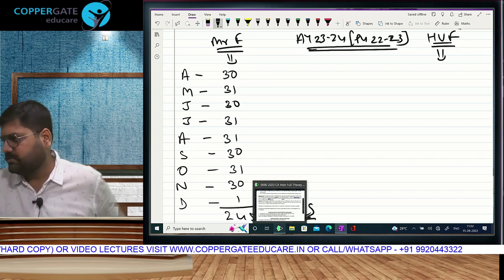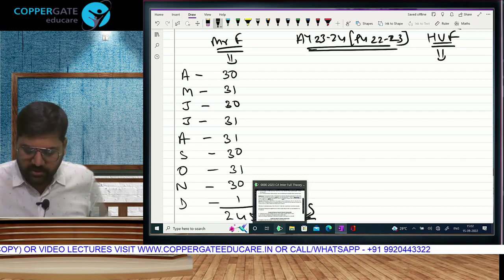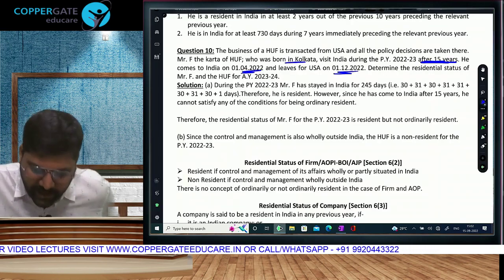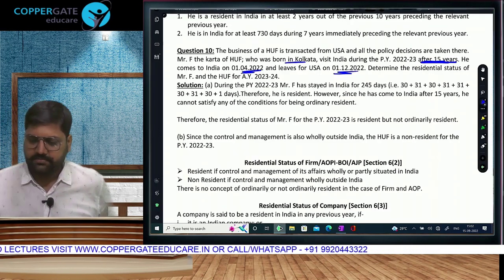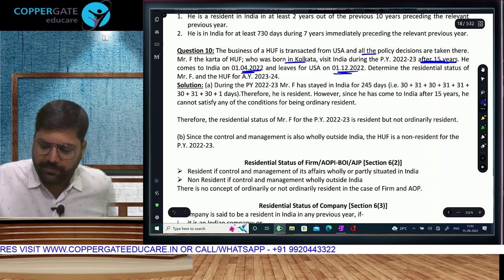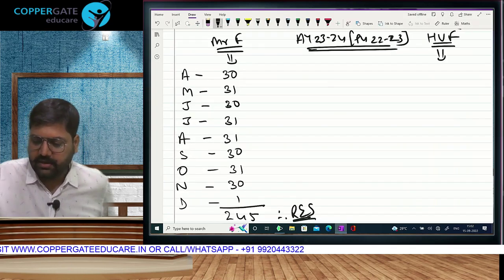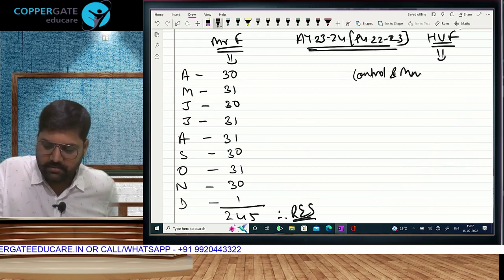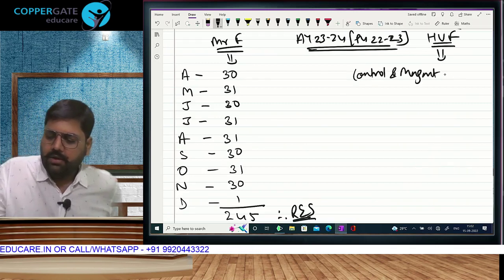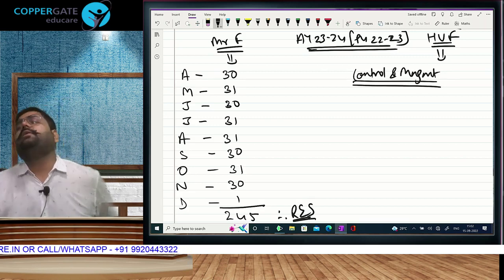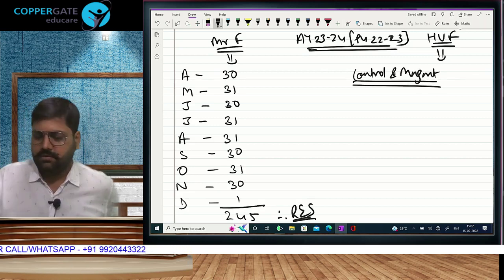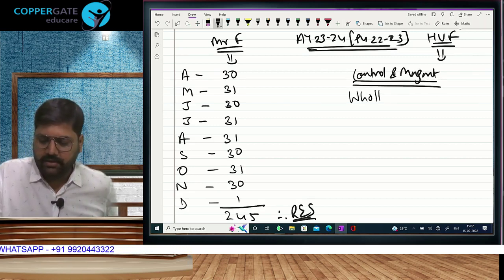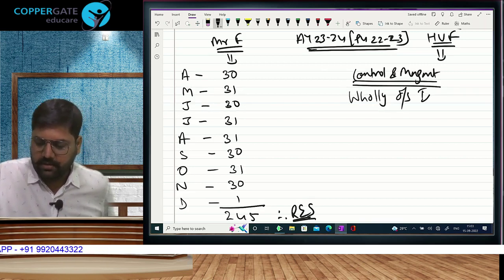So what we will see? Place of control and management. Decision making. Where are the decisions of this HUF taken? All the policy decisions are taken there. Matlab the control and management is wholly in India, wholly outside India, or partly in India, partly outside India? Wholly outside India. And agar wholly outside India hai, then the HUF will be treated as a non-resident.